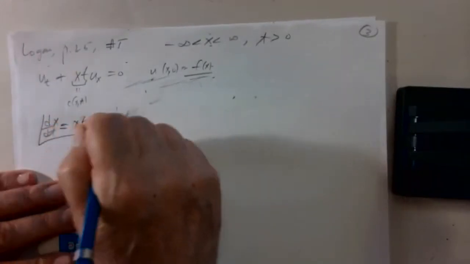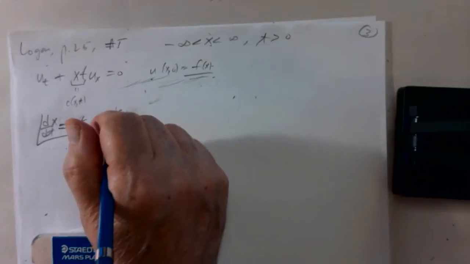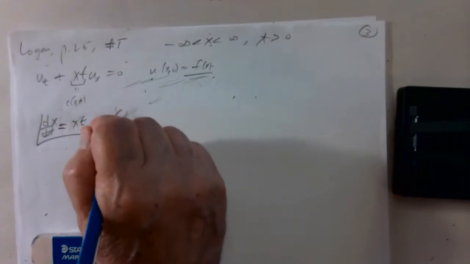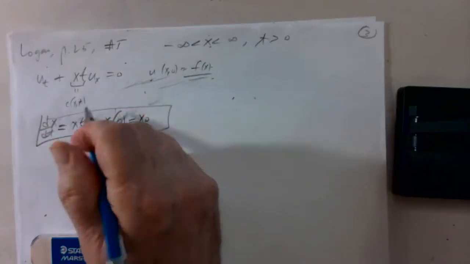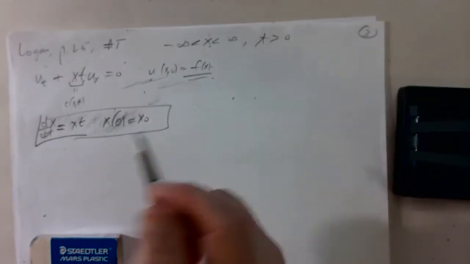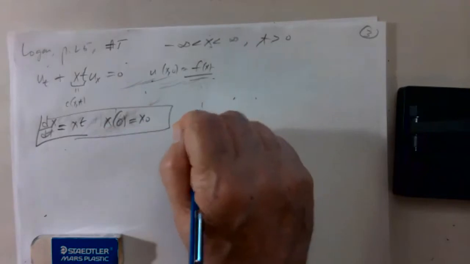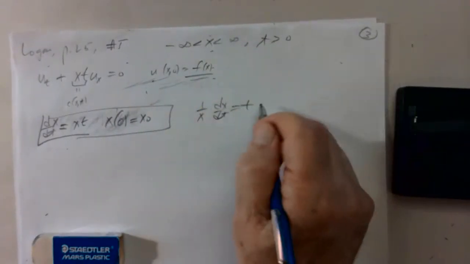Let me just write it down simply. dx/dt equals xt. And x at time 0 is, let's say, some number x0. So this is an ordinary differential equation to solve. We can solve this by separation of variables. 1 over x dx/dt equals t.